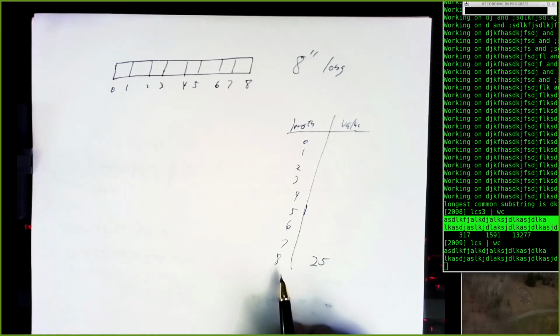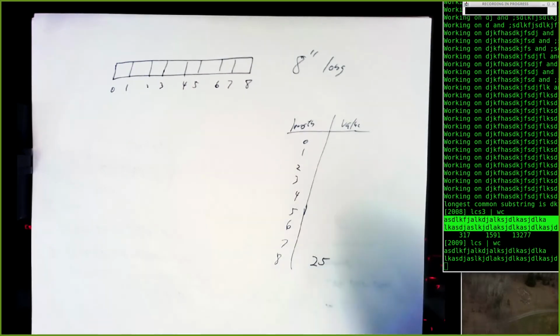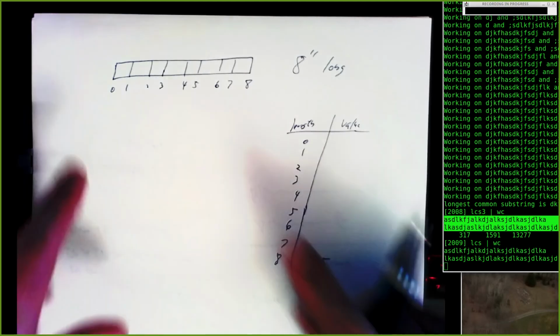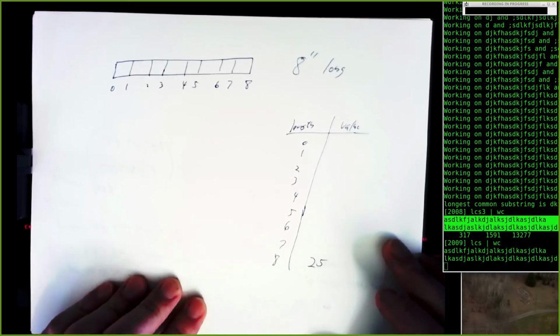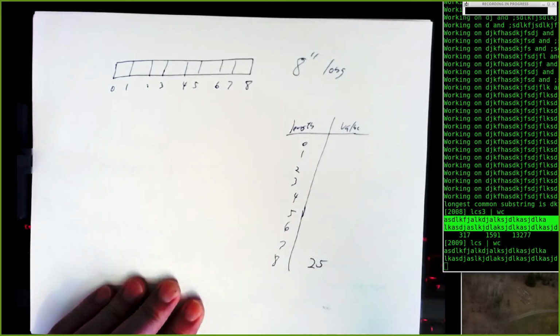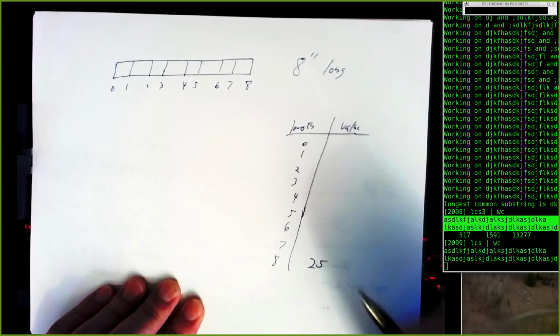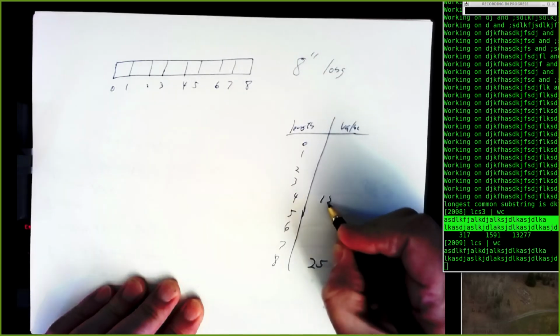So if you just sell the bar itself, maybe that's worth $25. But it turns out this is too long for most of the applications. Most people are going to want to cut this down into smaller pieces. And maybe a 4-inch bar is a really common size. And so if you cut this into a 4-inch piece and you sell that, maybe that's worth $15.